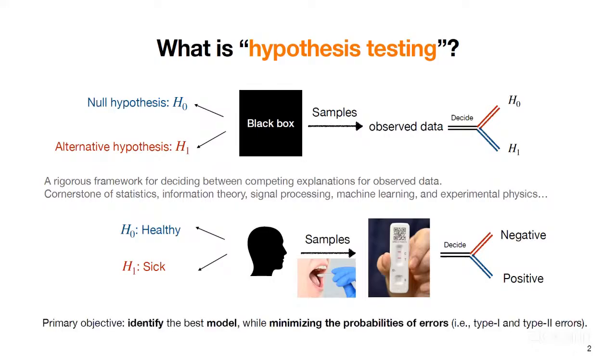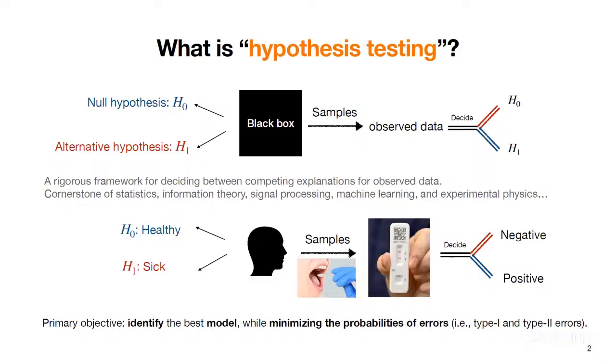The primary objective of hypothesis testing is to identify the best model that describes the black box, but we need to minimize the probability of errors. Because when you take samples, make observations and decisions, sometimes your decision is wrong. In the COVID-19 example, if the person is healthy but the test shows positive, meaning the person is sick, you make an error.